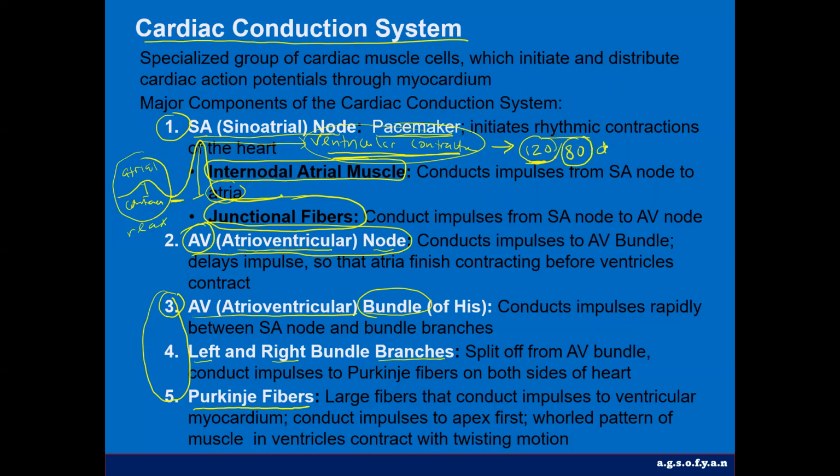This is what we call the diastole. So diastole is measured during ventricular relaxation, and the systole is measured during ventricular contraction. So you get 120/80, coming from the ventricular contraction and then the ventricular relaxation.